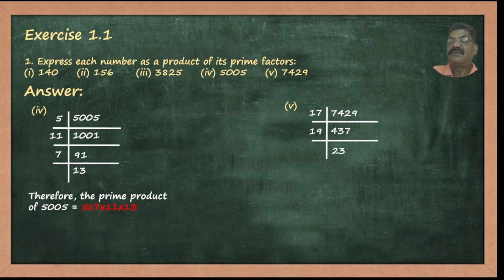So 437 times 17 is equal to 7429. Again, 437 is divisible by 19, 23 times. 23 is a prime number, therefore we have to stop here. The prime factorization of 7429 is equal to 17 into 19 into 23. Okay.